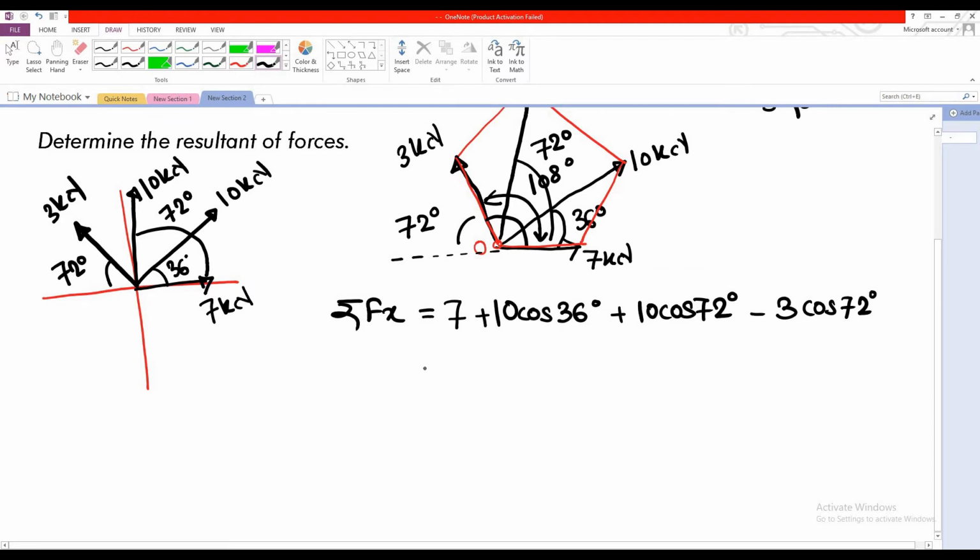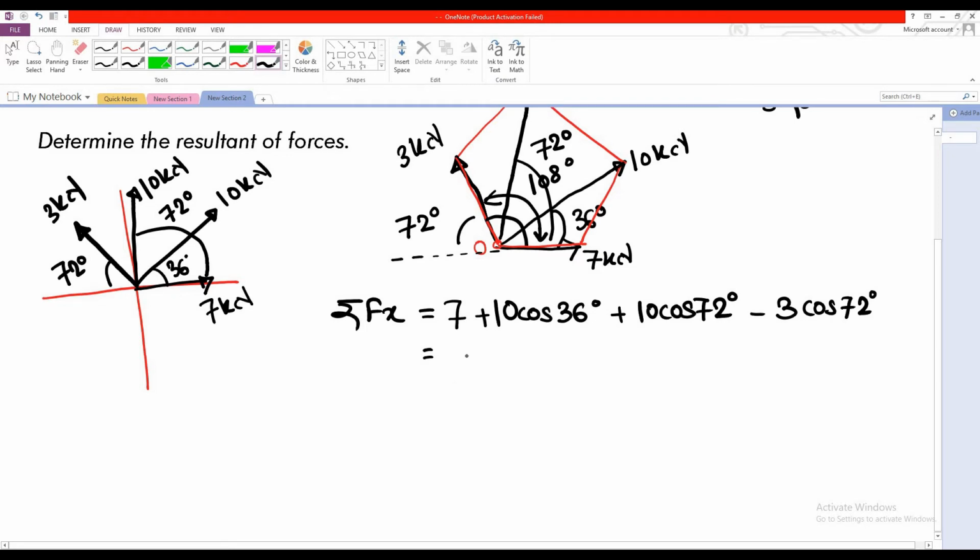There should not be any need to draw components each time. If you are new to this engineering mechanics series, please watch the earlier videos on resolution of forces, and the initial videos we have discussed regarding the component drawing process. Here we have practiced enough, that's why we are directly noting these Fx and Fy statements.